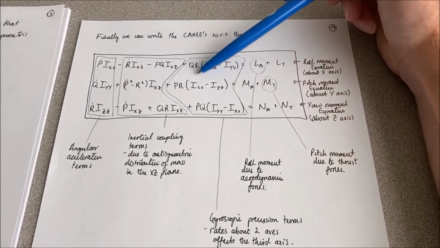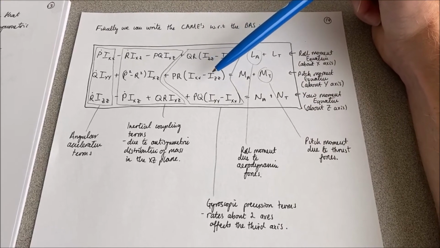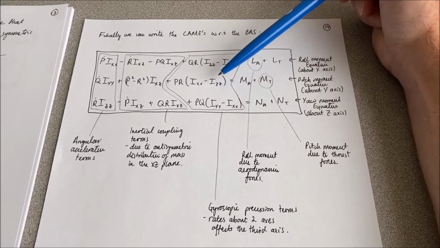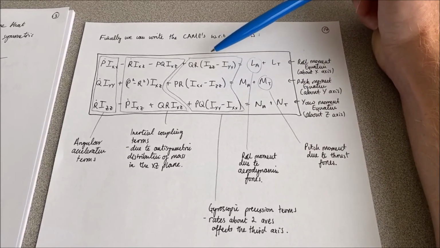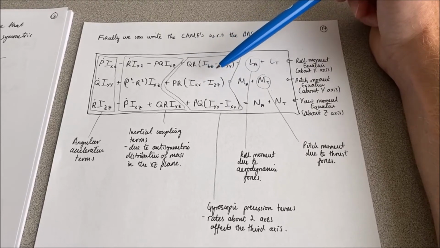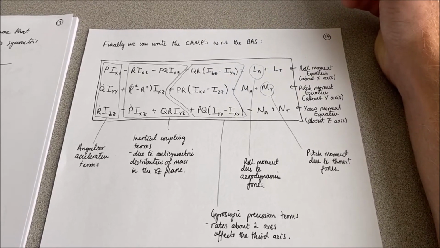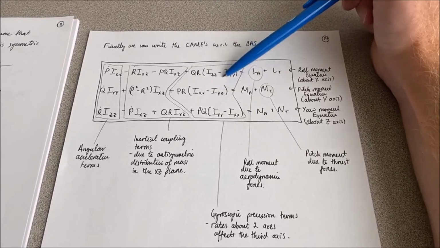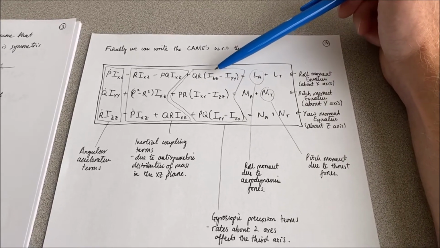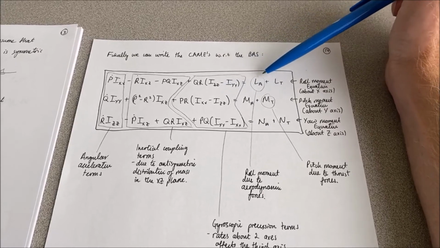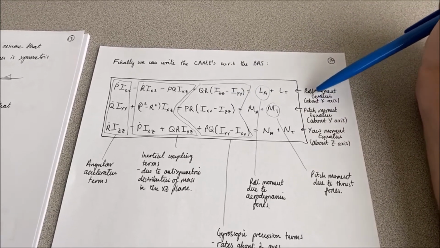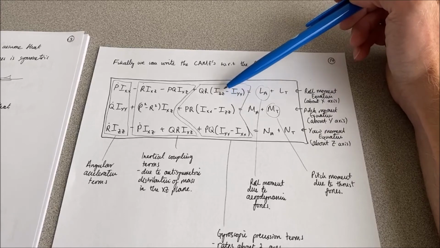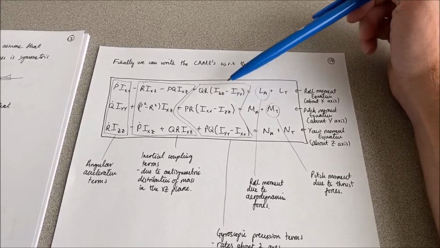And these terms here are what are referred to as gyroscopic precession terms. So these describe how if we have rates in two axes, they actually couple into the third axis. So you'll see here that in the roll moment equation, which is about the x-axis, we have terms here in the z and y and so on.